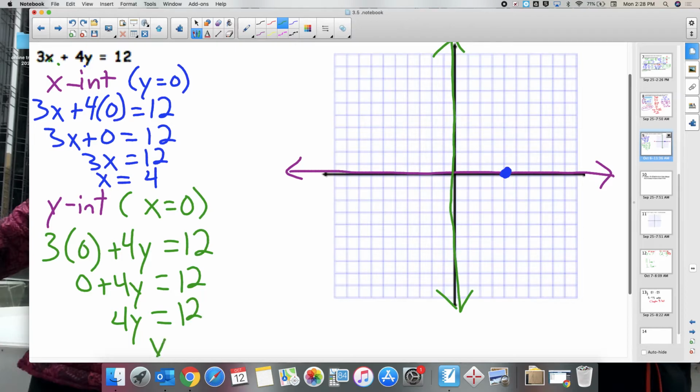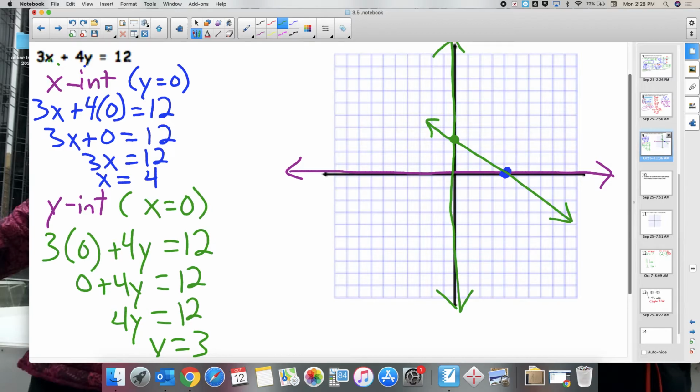And when we divide, we get y to equal 3. So your y-intercept then is 3. Connect your points, and that is what your line would look like. That is how you use standard form instead.